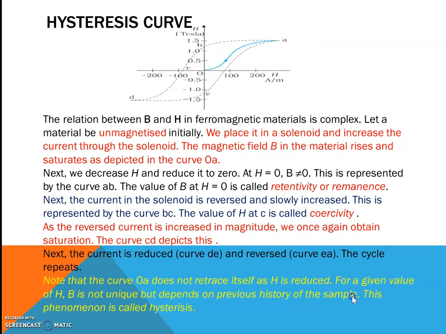So it means the value of B depends on the previous history of the sample. See, how it was magnetized depends on it.